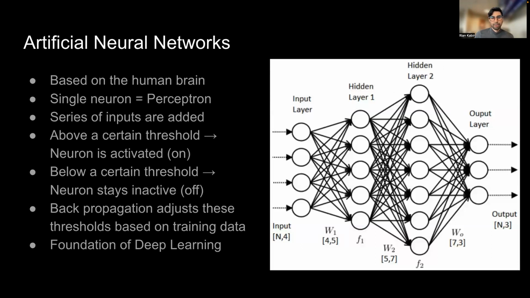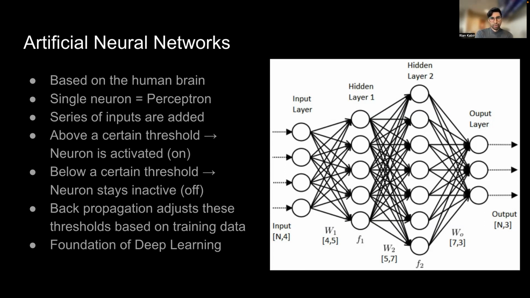This is probably the more interesting machine learning model. And again, like I mentioned before, ChatGPT uses it. A lot of image recognition software uses this. If you go into your phone, into the Photos app, and you search cat, this is actually the model they're using to identify what a picture of a cat looks like. So neural networks, artificial networks specifically, are based off of the human brain.